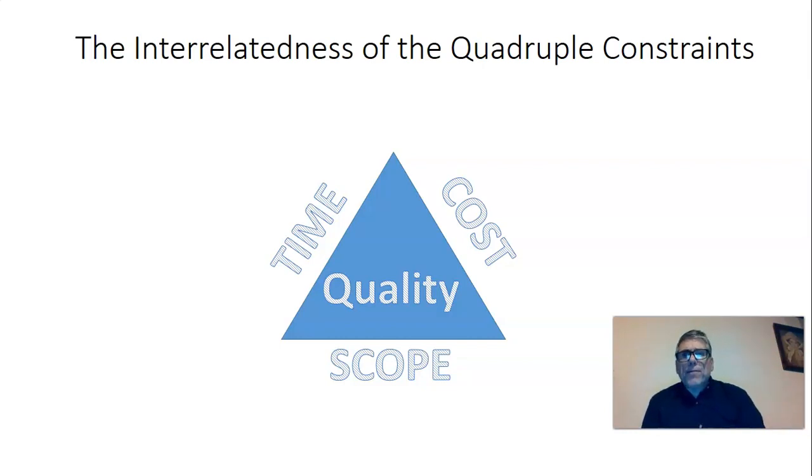And if you were to change cost or any one of those constraints, it would be the same as somebody pulling on that rubber band. It's going to impact one or more of the other constraints or the other people. So let's go through a couple examples and get a better feel for this interrelatedness.